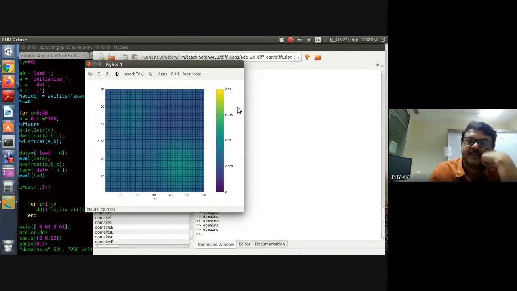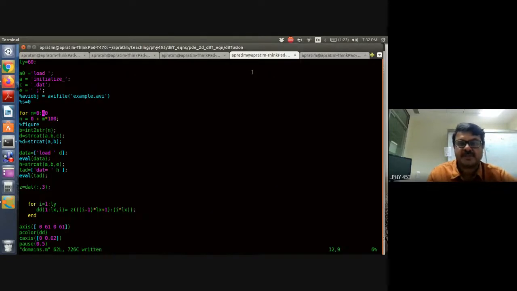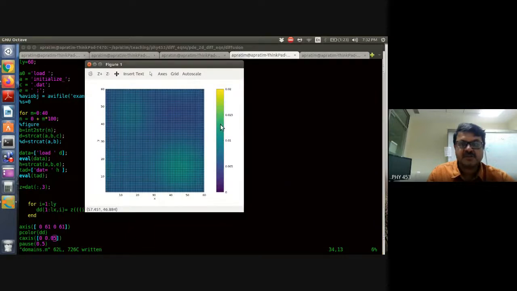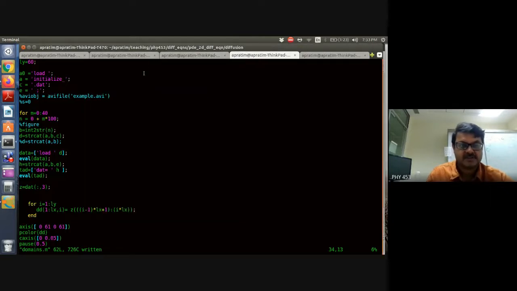All the density has diffused. Now, if I change this back from 0.02 to 0.05, what would happen? Let's do that. Let's change it to say 0.035. I've changed nothing else. I've not changed anything in the code, so I don't need to compile or run it. But how would this look different is the question I'm asking. It will become deeper blue, right? Because we have increased the range.